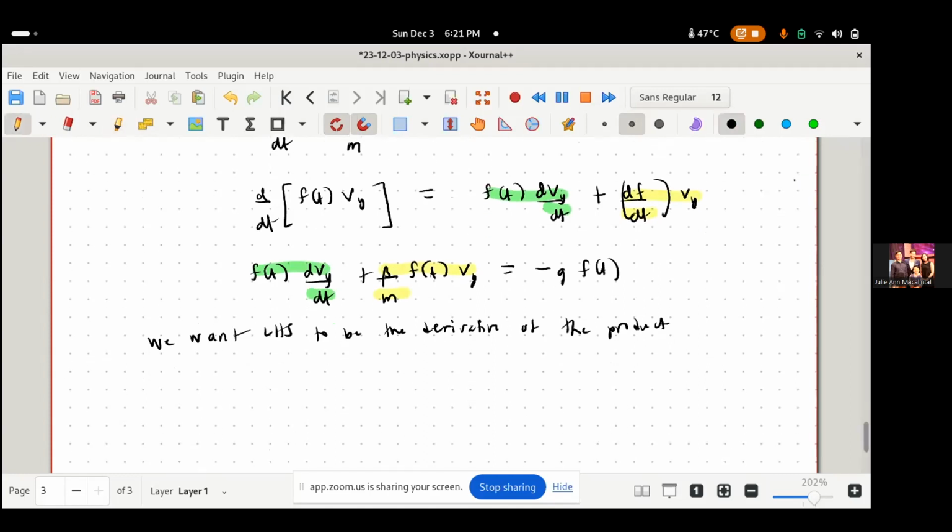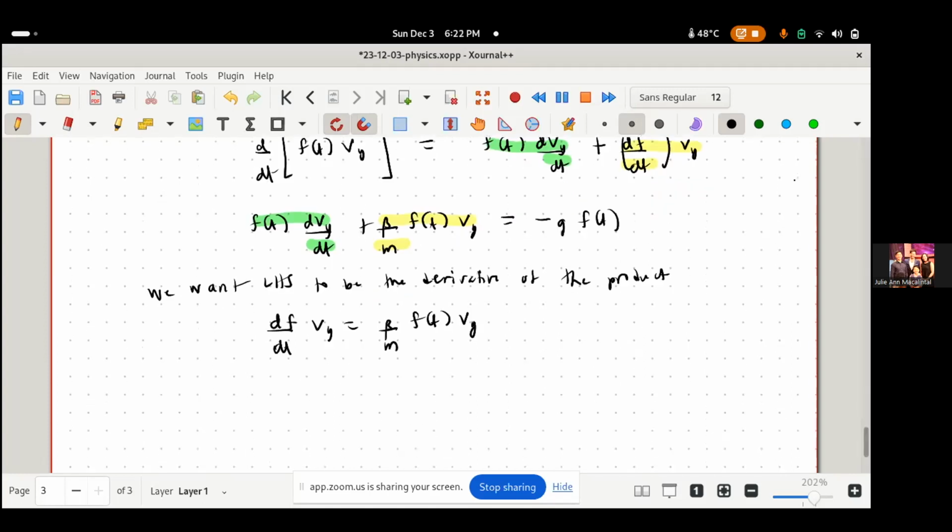So, df dt, so our function which we don't know yet, times v sub y is equal to beta over m f of t v sub y. Ngayon, yung v sub y, parehong present, so we'll just cancel that out.